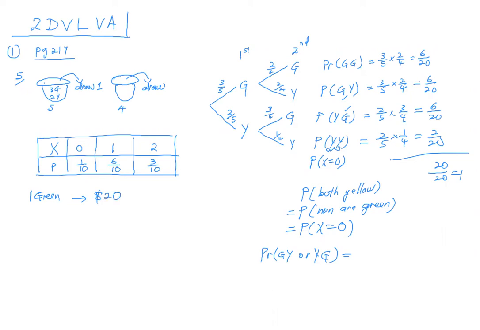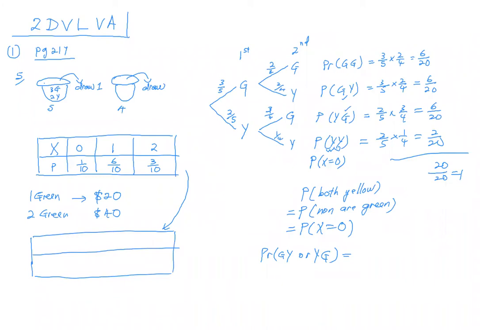If you get 2 green, you'll get 40. So now from here, I will build another probability distribution table. I will say Y is the amount that you get.